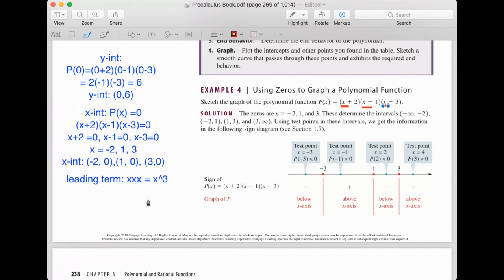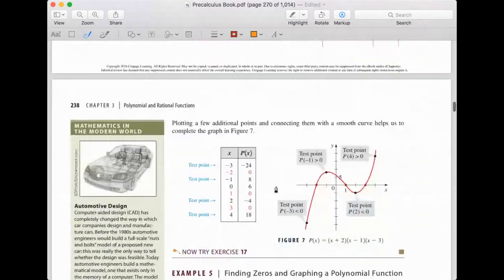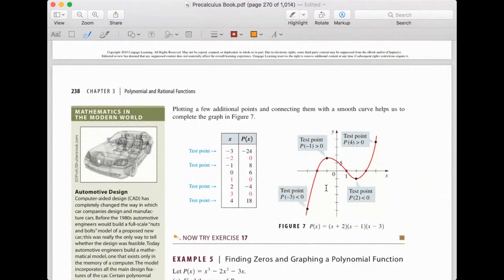So we know the reference graph goes from the third quadrant to the first quadrant. So we have an idea how to graph this. We have the y-intercept 0, 6 and 3 x-intercepts, so we can graph approximately, not exactly.